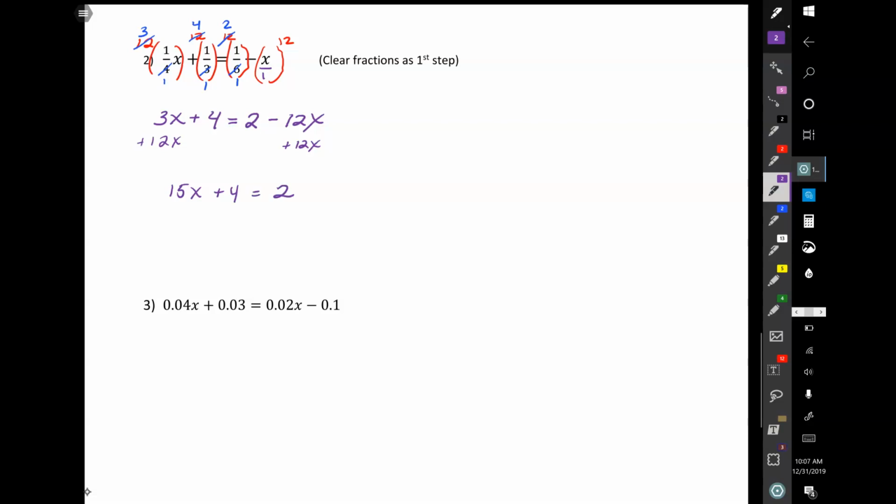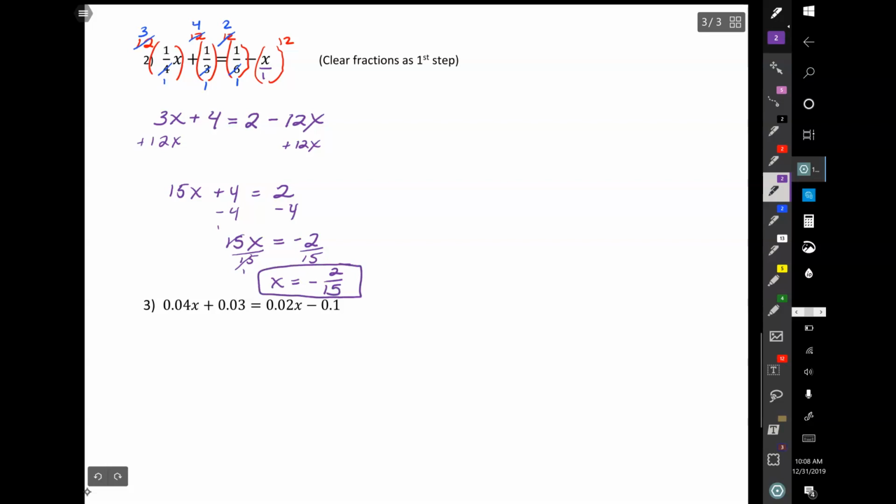And I subtract 4 from both sides. 15x equals negative 2, and divide both sides by 15 to isolate my variable. Now we get x equals negative 2/15. And that is my final answer.